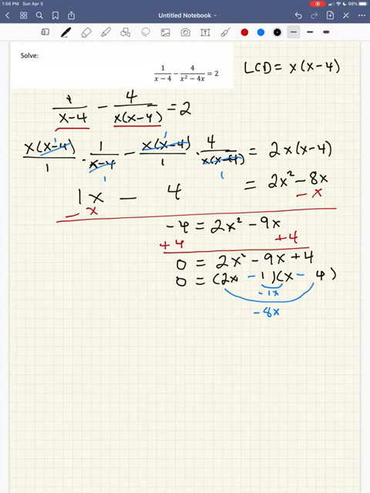So now I've factored this. I want to set each factor equal to 0. The only way to multiply and get 0 is if one of the parts was 0 to begin with. So I would get 2x minus 1 equals 0, or x minus 4 equals 0. So to solve this, I'm going to add 1.